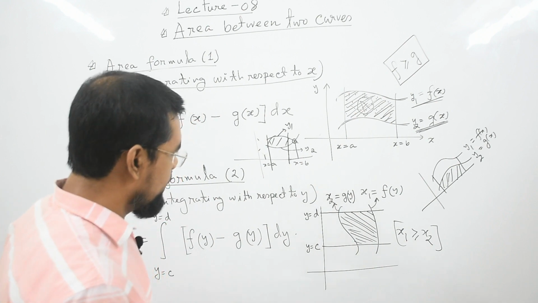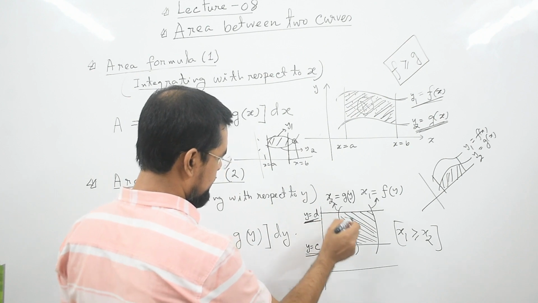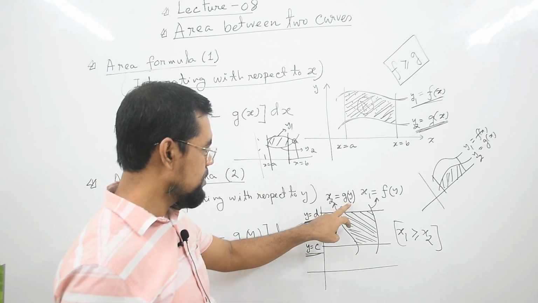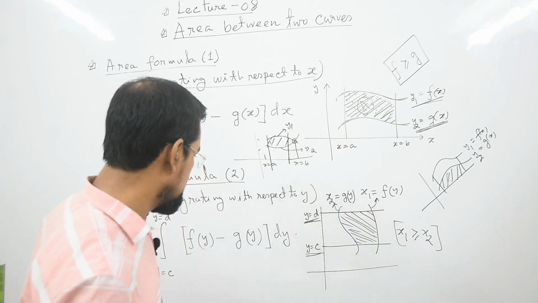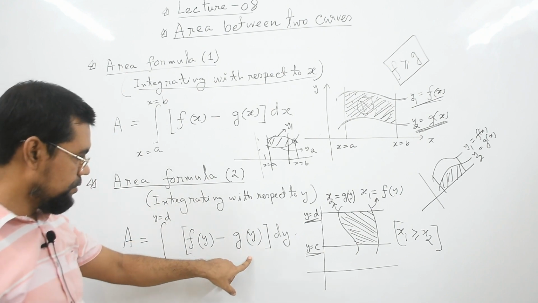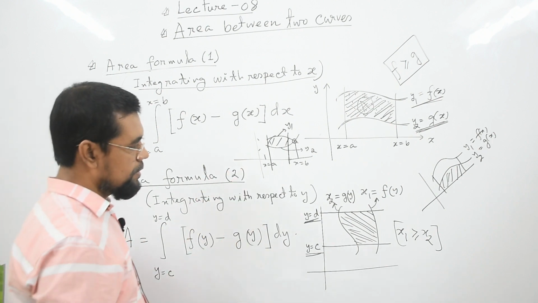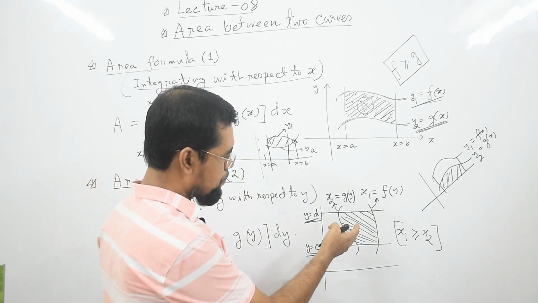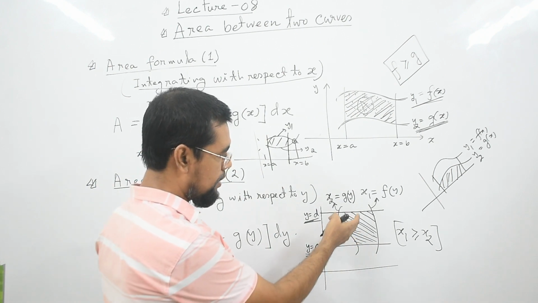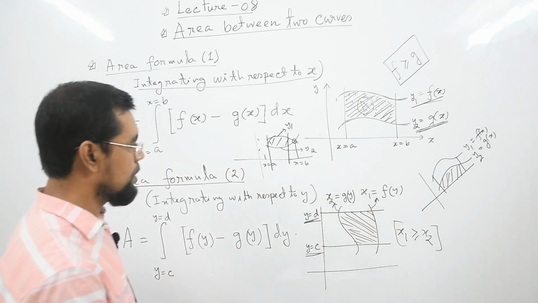So the lower limit of integration will be y equal to c, and the upper limit will be y equal to d, and you subtract the left one, g(y), from the right one, f(y). So you see the integral from y equal to c to y equal to d of f(y) minus g(y), integrating with respect to y. Like the previous one, it can be bounded below by either a point or a line and above by a point or a line, but left and right by two curves.